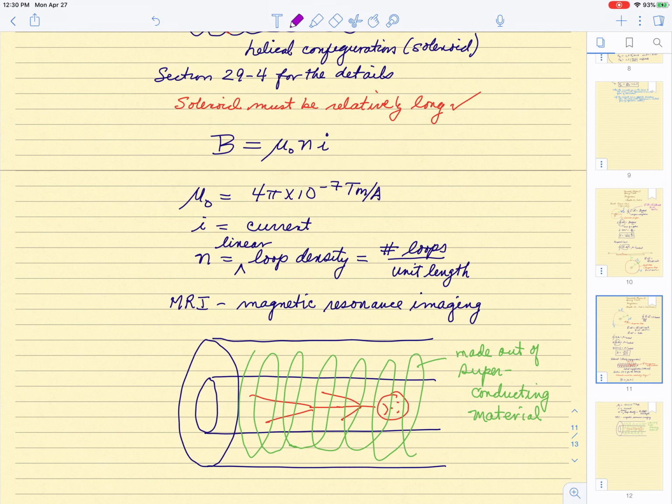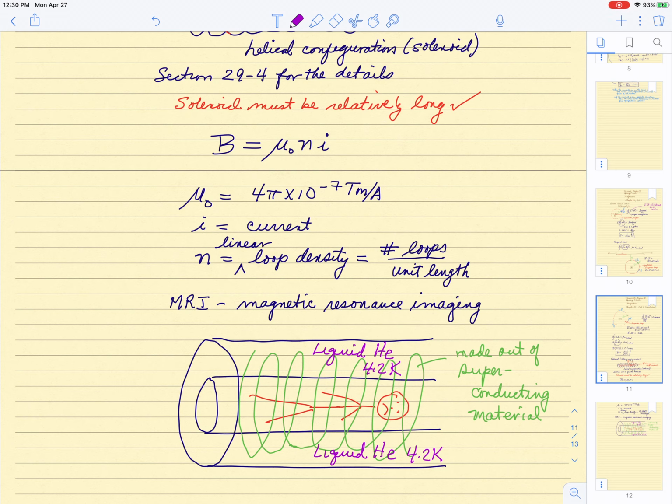So inside here is liquid helium, and the liquid helium is at 4.2 Kelvin, liquid helium-1 to be precise.